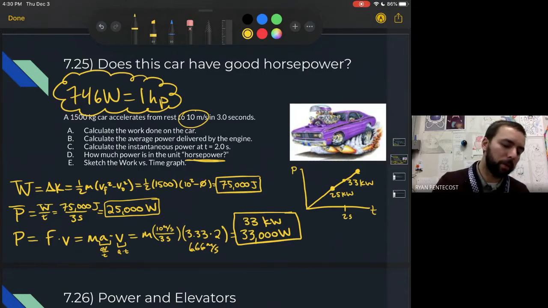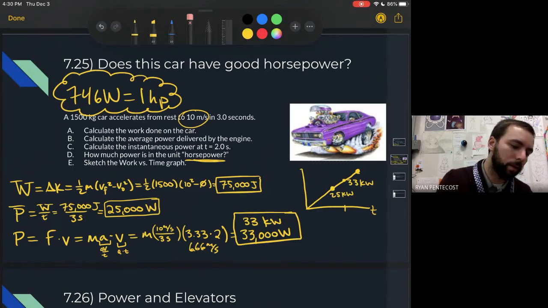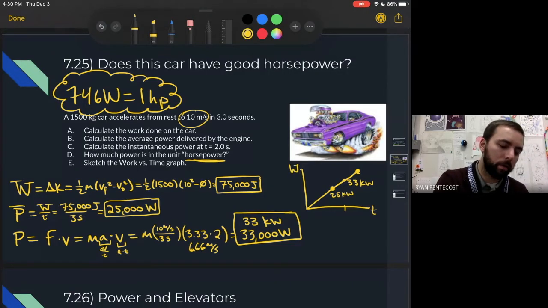Now, part E actually asks us to sketch the work versus time graph. So if we were to do that, we could show work versus time there. And we'd be able to see that's steadily increasing, right?